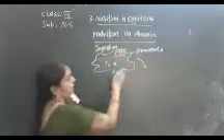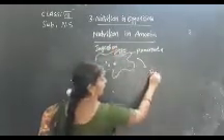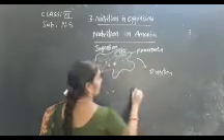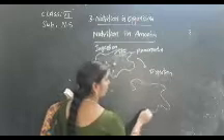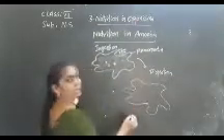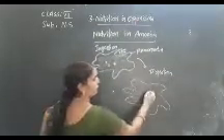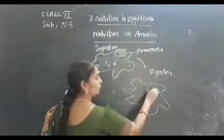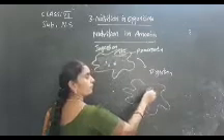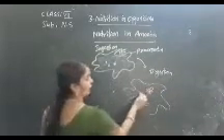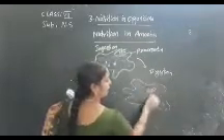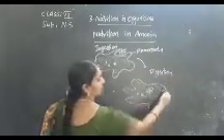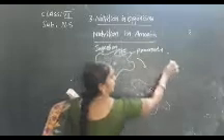Then after ingestion, digestion takes place. For the process of digestion, what happens? It develops a vacuole around the food particle. The food particle gets into the body and develops a food vacuole inside the body. This is digestion.